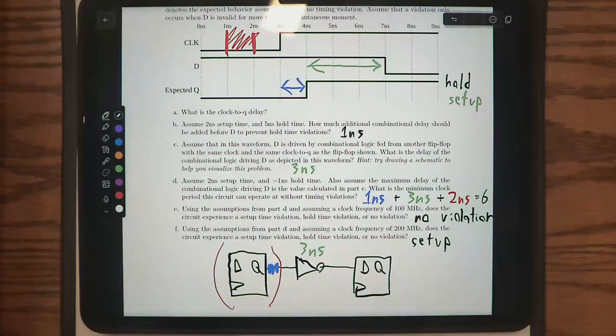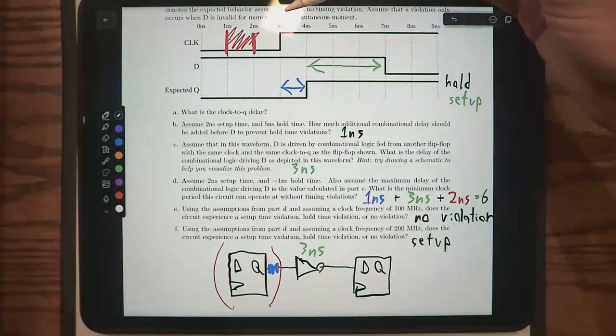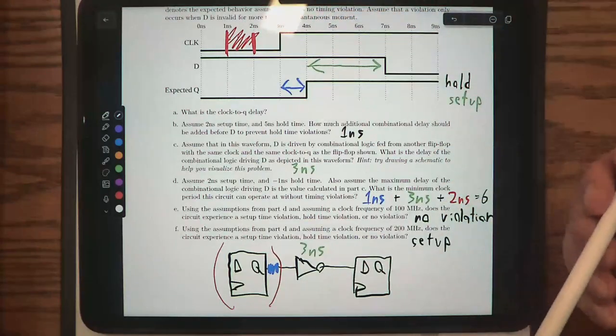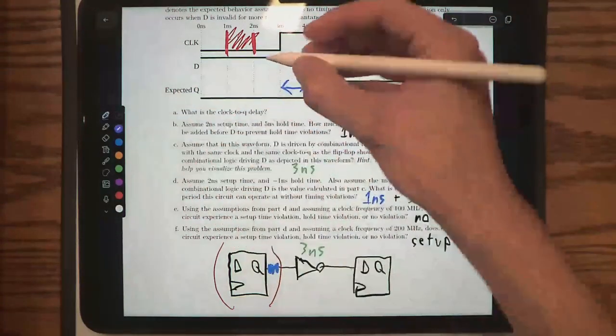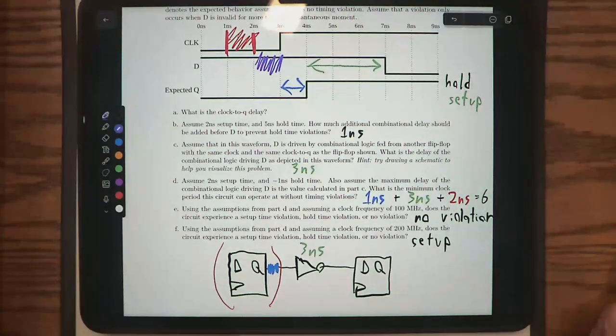So if the setup time is 2 nanoseconds and the hold time is -1, and then D changed in between 2 and 3 nanoseconds, that would be a setup time violation? Correct. That would be totally allowed if D changes in this region. So whatever negative hold time is away from the setup time? Yeah, you can think of it that way.